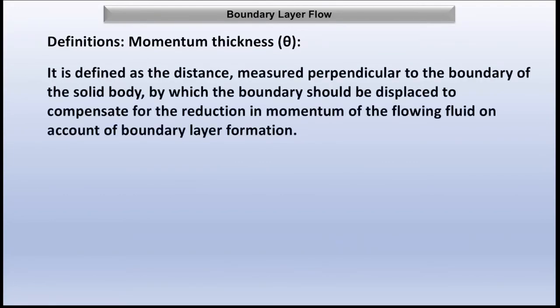It is defined as the distance measured perpendicular to the boundary of the solid body by which the boundary should be displaced to compensate for the reduction in the momentum of the flowing fluid on account of the boundary layer formation. Here we are creating another imaginary thickness that will displace the boundary to compensate for the reduction of the momentum. So this is denoted by theta.